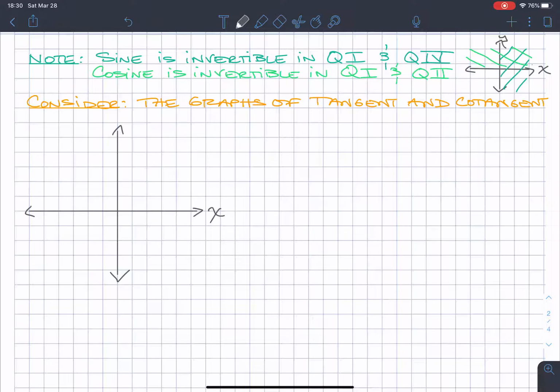So let's do pi over 2 and negative pi over 2, because I know that tangent had asymptotes there. These are supposed to be vertical. And it trends uphill in reading direction and is asymptotic to its asymptotes, right? So this is a graph of y is equal to tangent of x.